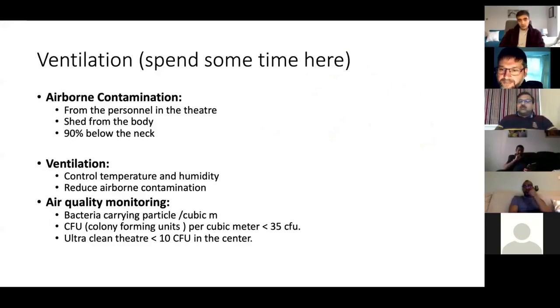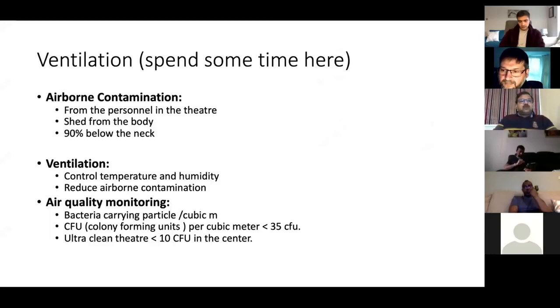Ventilation, a very important concept. Take some time to elaborate on this, because this is where quite a significant number of points and important factors are.